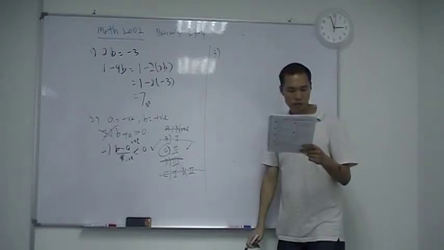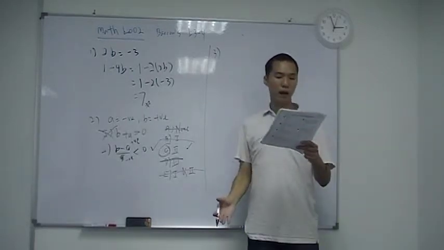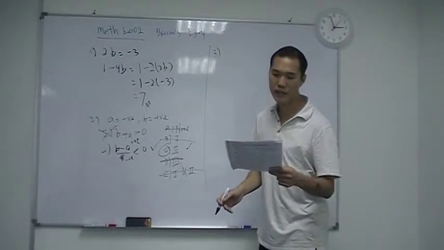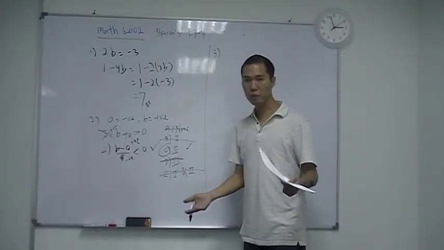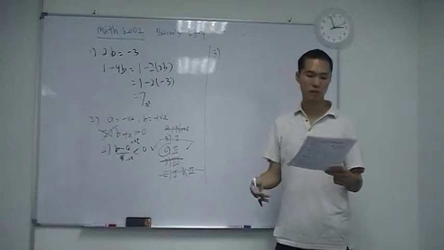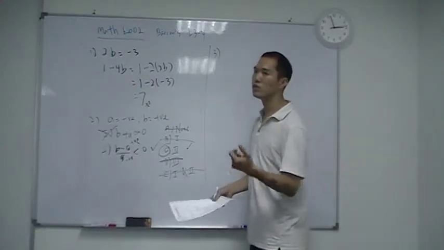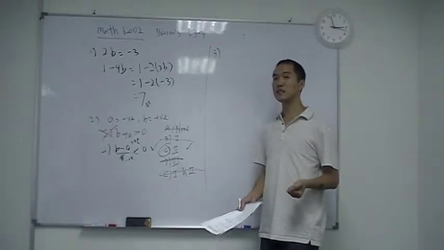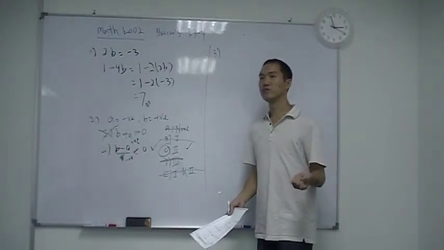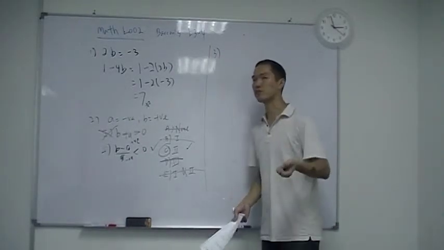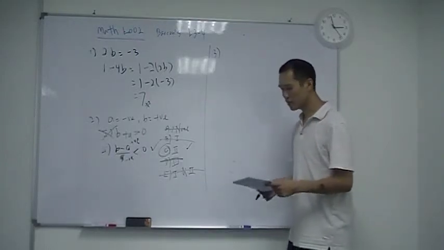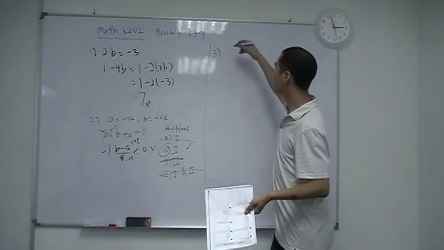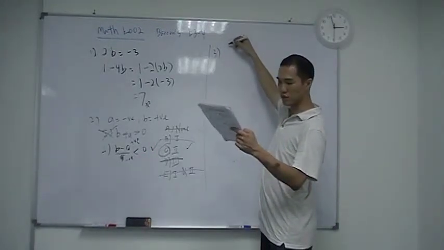Number 3. If the product of 5 numbers is positive, then at most how many of the numbers could be negative? Because you want to get a positive product of 5 numbers, an even number of negatives becomes positive. Now you have 5 numbers, and you want to find the most.